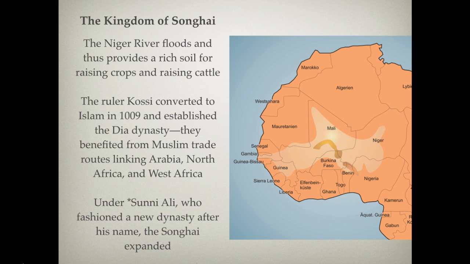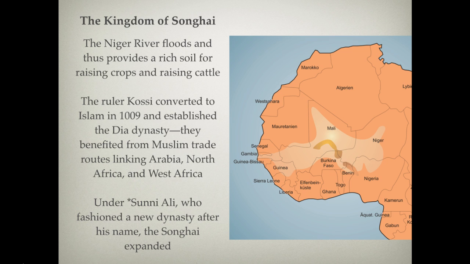It floods and provides rich soil for raising of crops and, of course, therefore, raising of cattle. But the ruler Kossi converted to Islam in 1009 and established the Dia dynasty. And they really benefited from the Muslim trade routes linking Arabia, Northern Africa, Western Africa.